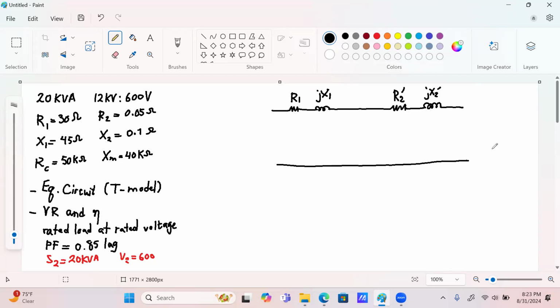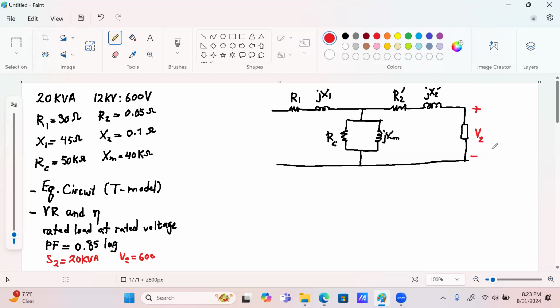And then because it's a T model, in the middle, you have your R of C and you have your jX of M. You have a load connected to the terminals, and let's say the voltage I have here is V2. Notice, however, V2 is the voltage on the secondary side.